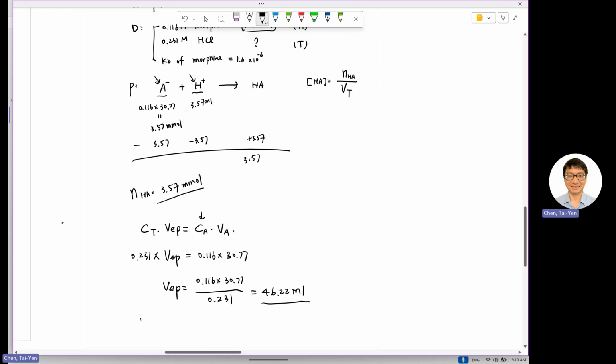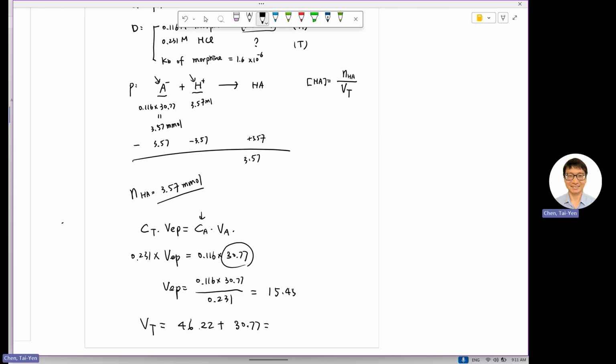you can know that the total volume at equivalence point will be 46.22 plus 30.77. That's going to give you a value of this one. Once you do this, VEP is 15.